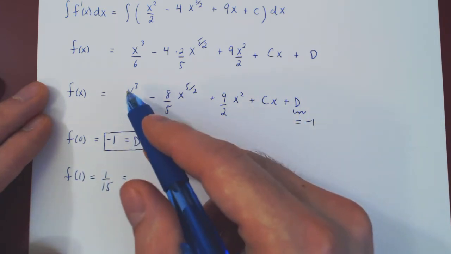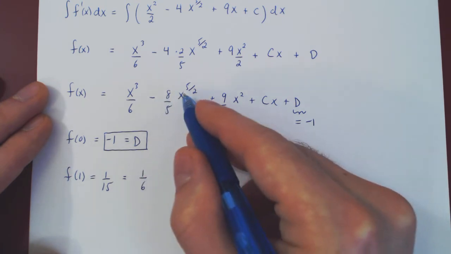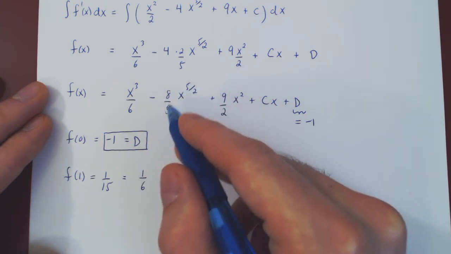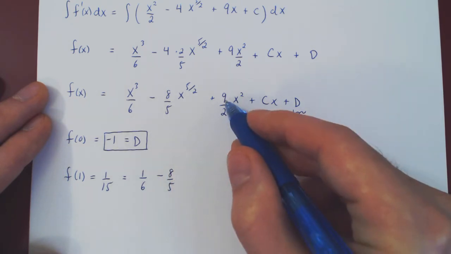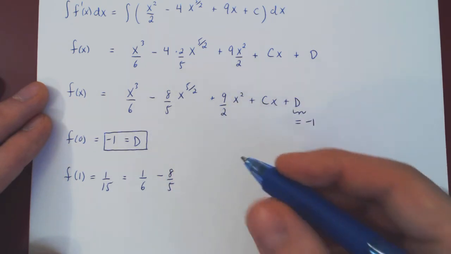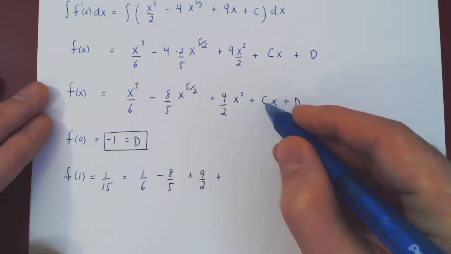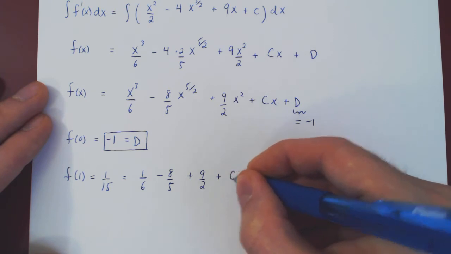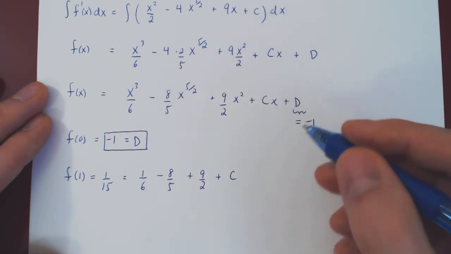So I'll get 1 over 6 minus, well, 1 to any power is 1, so minus 8 over 5, plus 9 over 2, since 1 squared is 1, plus c times 1, so plus c, plus d, which is minus 1, so minus 1.